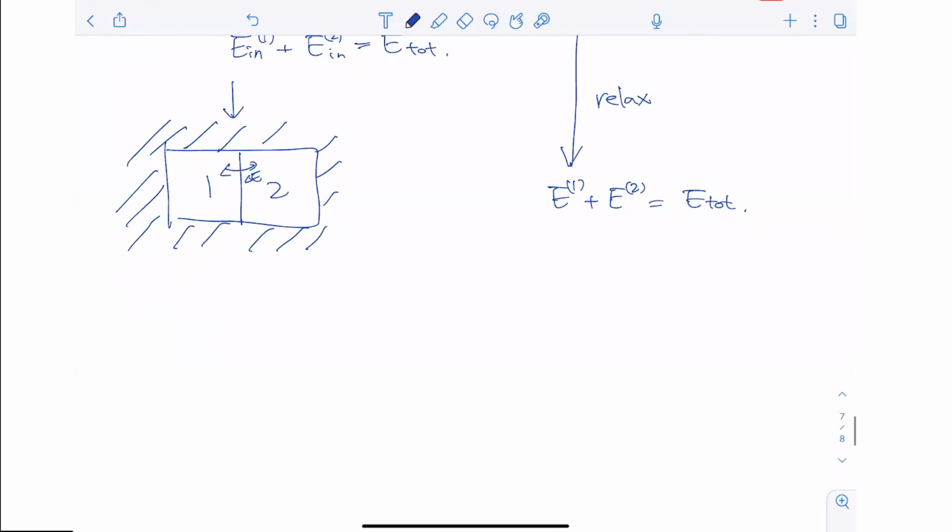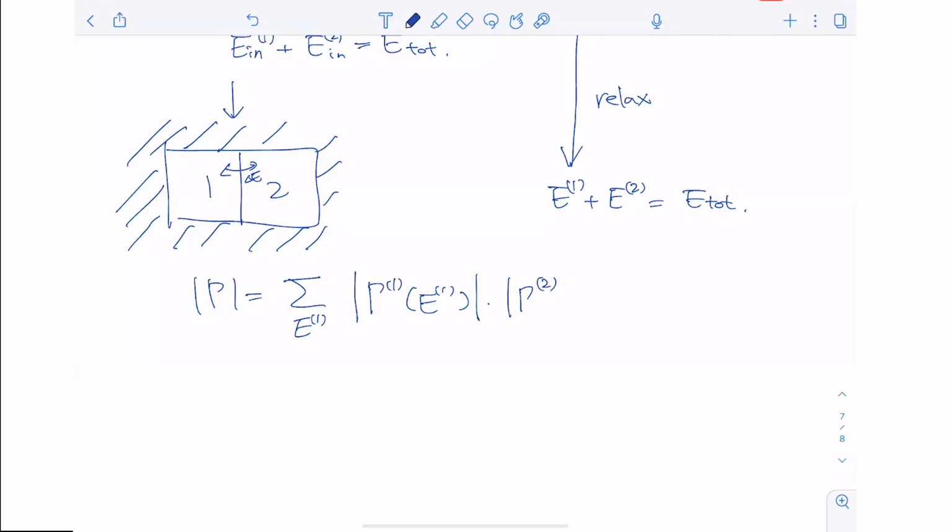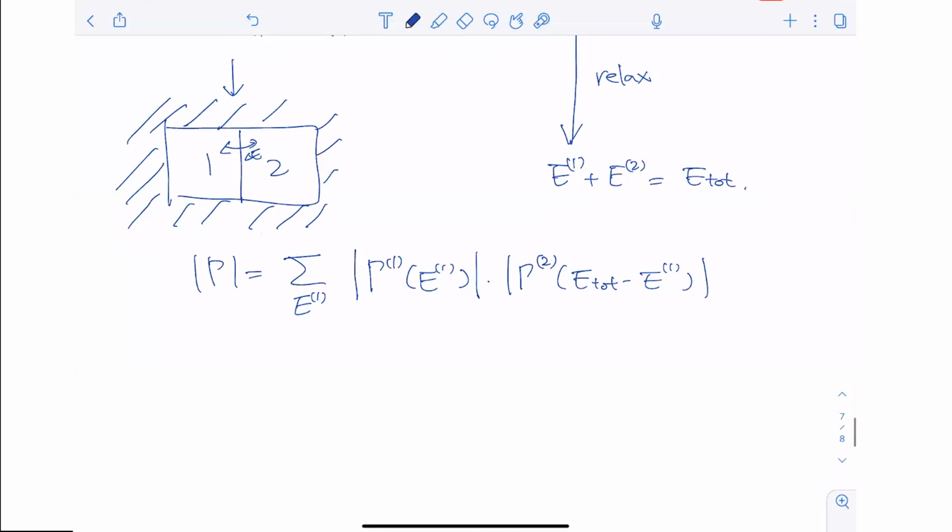Because it is relaxed, the phase space volume should be considered as the summation over all the possible energies of our subsystem 1. We should include them all. For a specific energy E1, the phase space should be the product of these two systems.